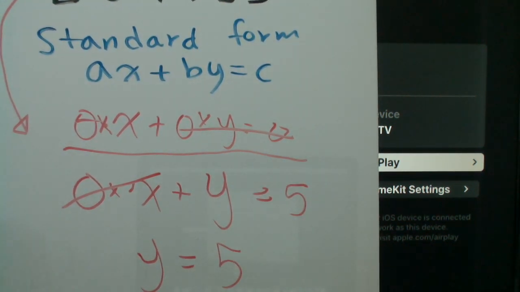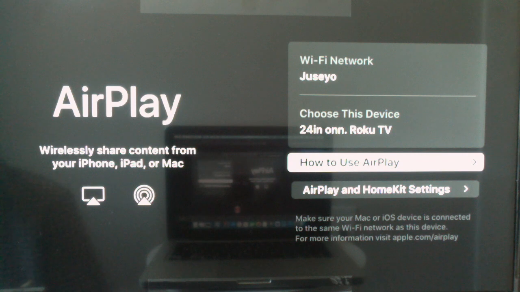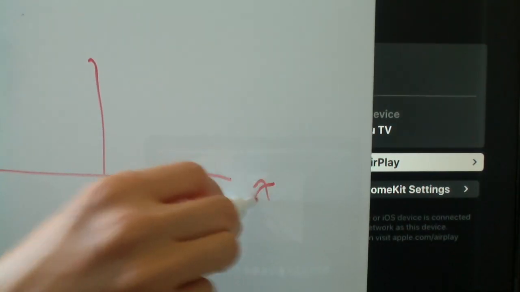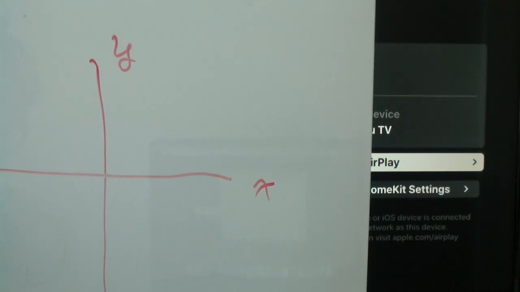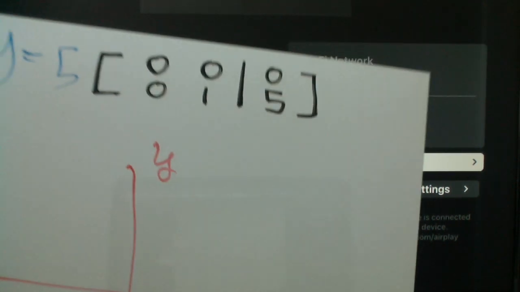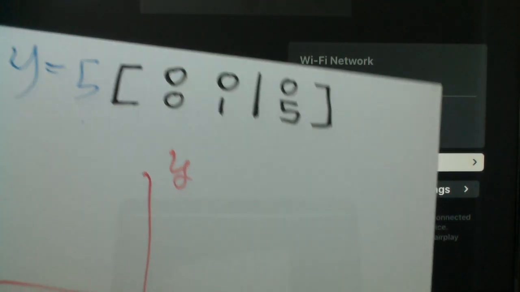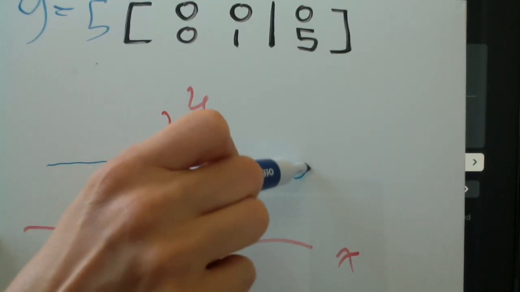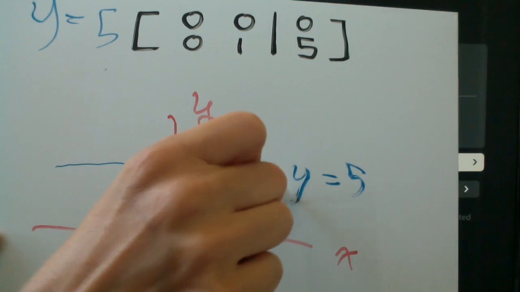So when we see this matrix, we only have one graph. Then can you imagine how many x's here? Y equals 5. That's what we found here, right? Y equals 5 is the graph we found. If you see this, y equals 5 is probably something like this.